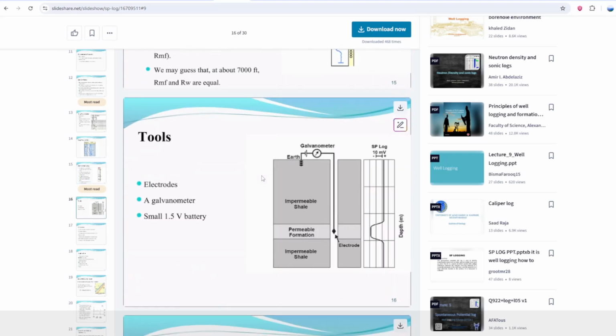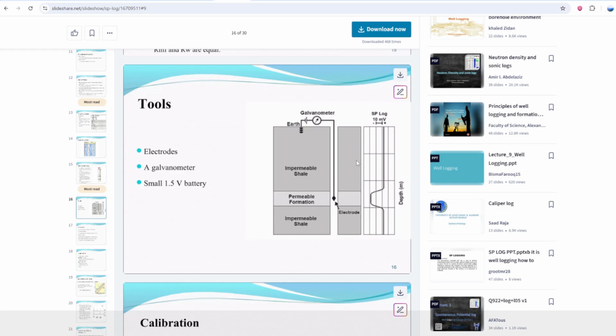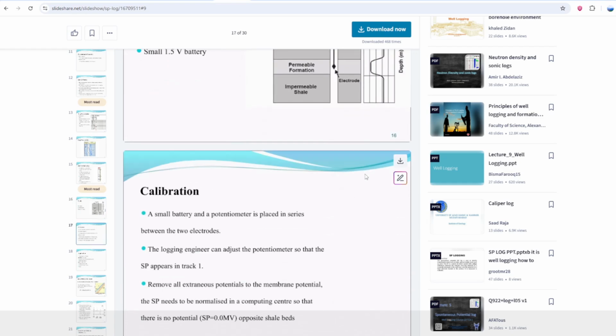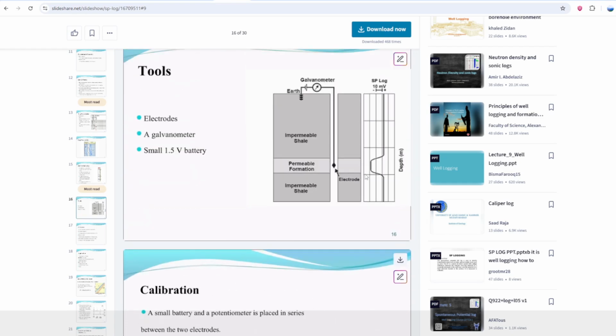So, for example, in this other case, we see the galvanometer, the electrodes, we see two shales and the permeable formation. We see a deflection to the left, and this will be our sandstone baseline and our shale baseline, right? So this SP curve is very sensitive to fluids and permeability. Even a small deflection in the curve is indicating permeability. We don't know quantitatively how much permeability it is, but we can have an idea that we are changing lithology there.